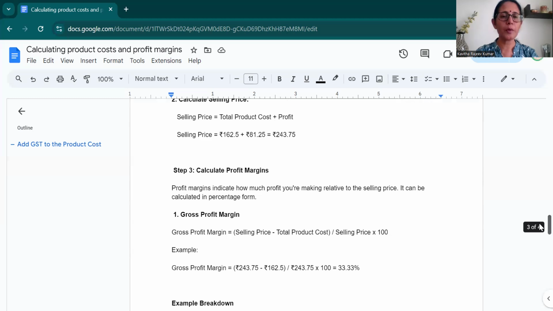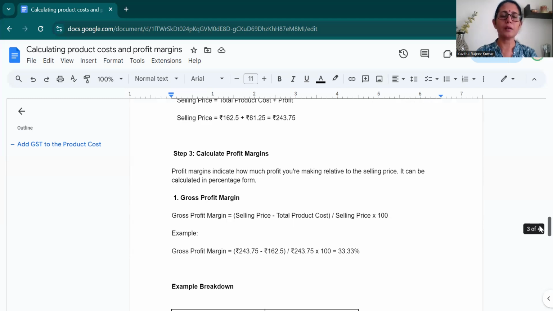Now, we talked about the profit margin. It has a gross profit margin. This is one term which you need to understand, and it depends on the selling price. Gross profit margin is selling price minus the total product cost, which is the profit, divided by the selling price into 100.